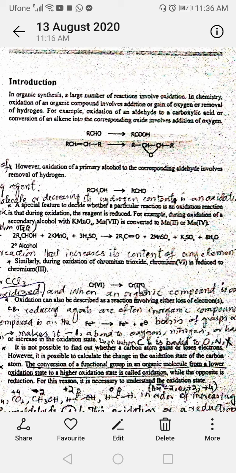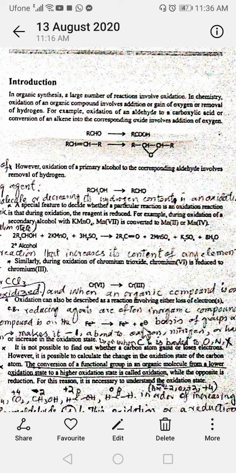Now the oxidation can also be described as a reaction involving either loss of electrons or increase in the oxidation state. So Fe plus 2 is changed into Fe plus 3 plus electrons are given.